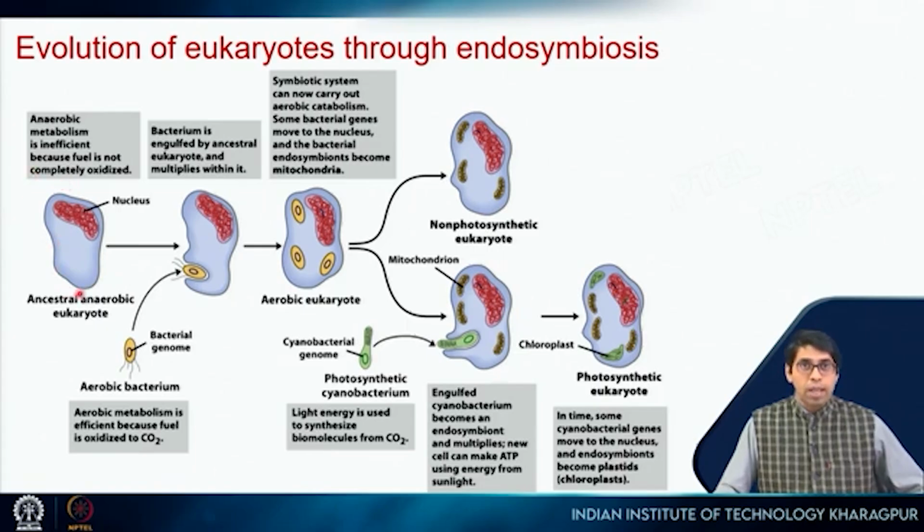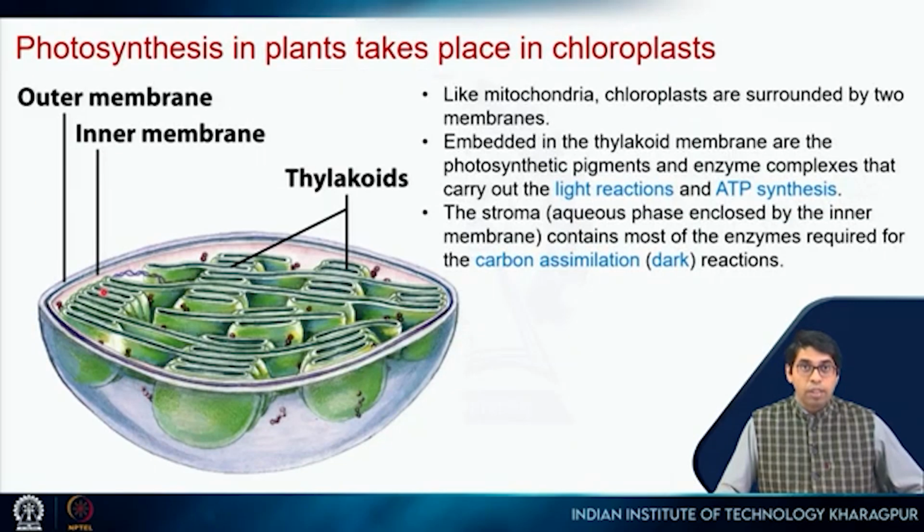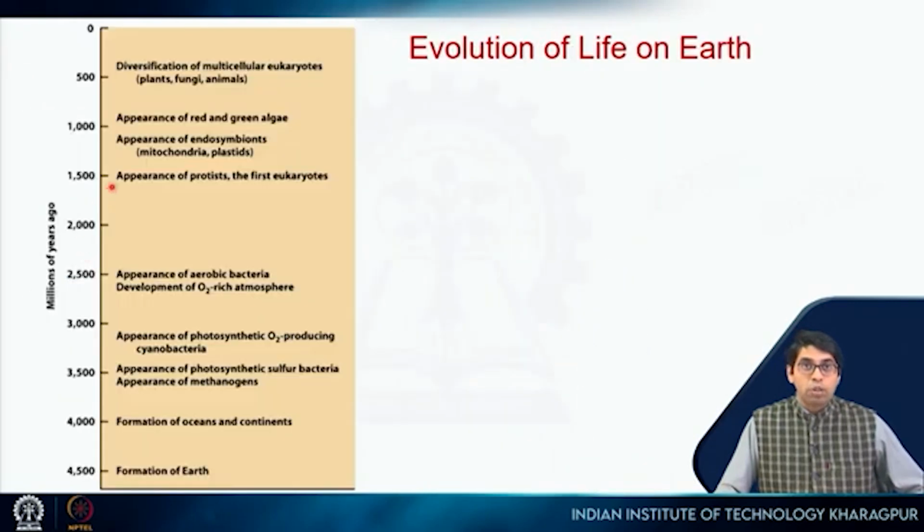So this is the ancestral anaerobic eukaryote. Now something interesting happens. This is an aerobic bacteria, right? If I go back, we are looking at this, right? Aerobic bacteria had already appeared almost 1.5 billion years ago. So there are aerobic bacteria and there are the eukaryotes.